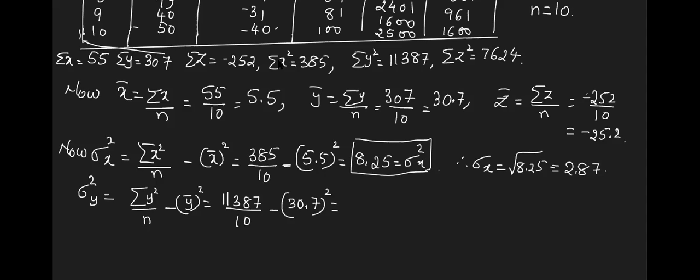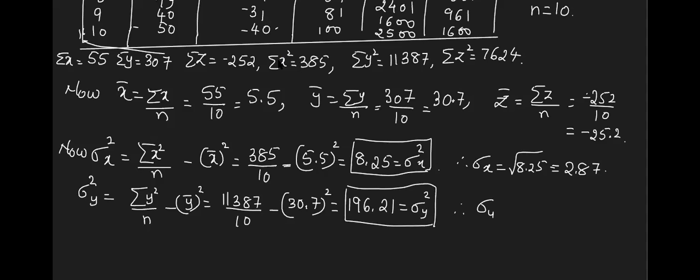All of you operate the calculator and keep on checking the value. 196.21. All are getting the same? 196.21. Yes, this is sigma square y.